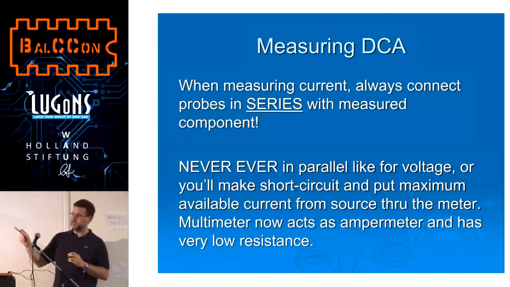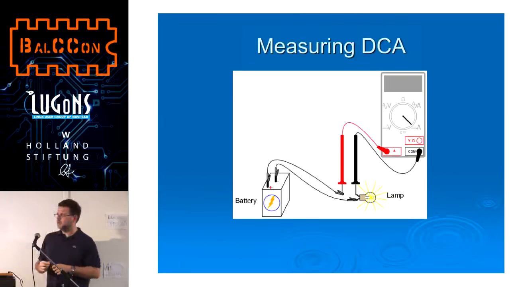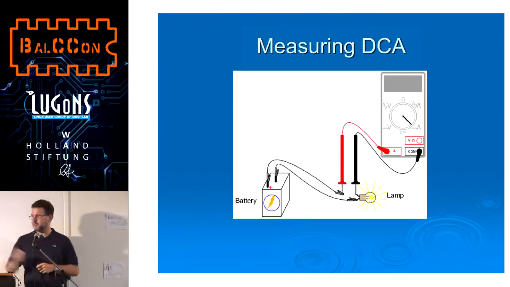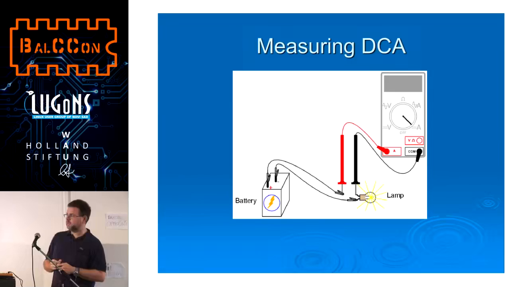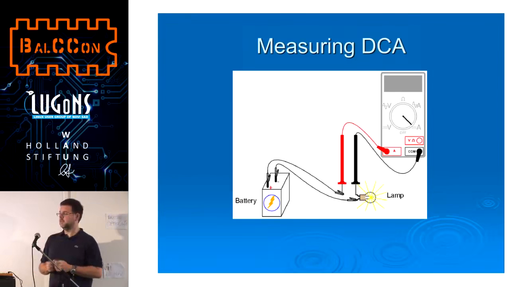So, plus goes to one side, minus to the other side of the break, and current must pass through it. This is a schematic representation. See that there's a break between the lamp and battery, and that's how you measure current. You can't just put your probes parallel to the battery or lamp, or you'll fry something.